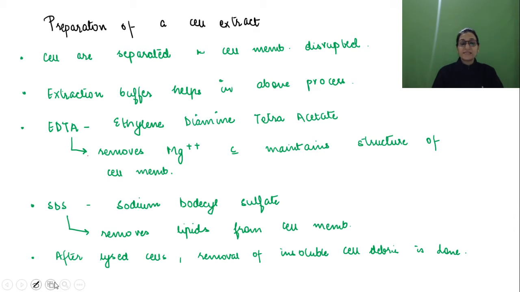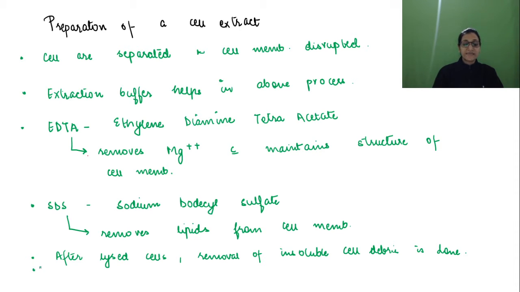Cell debris and other partially digested organelles can be pelleted by centrifugation, leaving the cell extract as a reasonably clear supernatant. So the cell extract will be centrifuged and the pellet, containing the cell debris and partially digested organelles, will be discarded, and the clear supernatant would be kept.